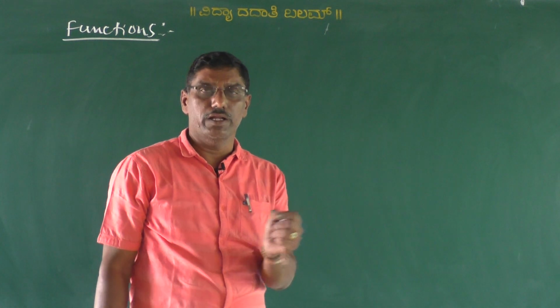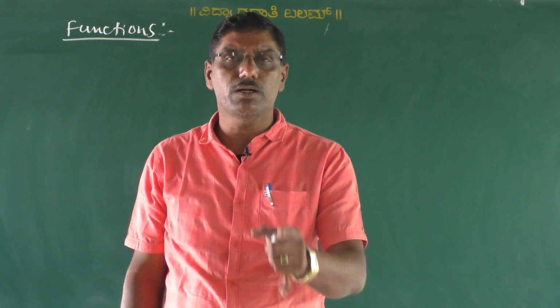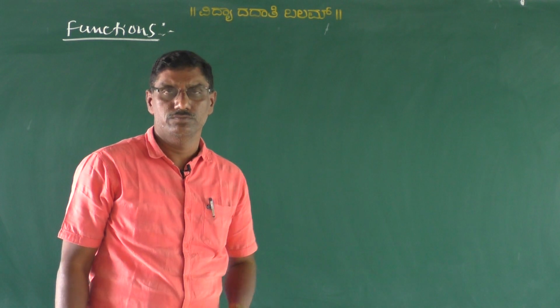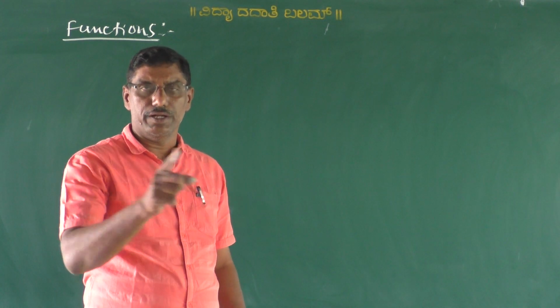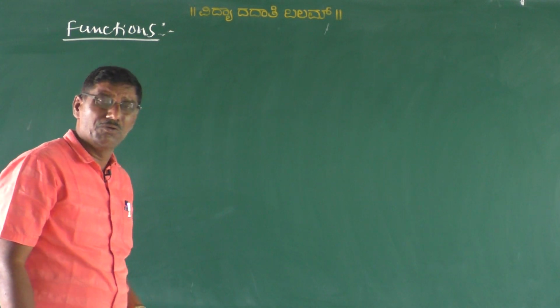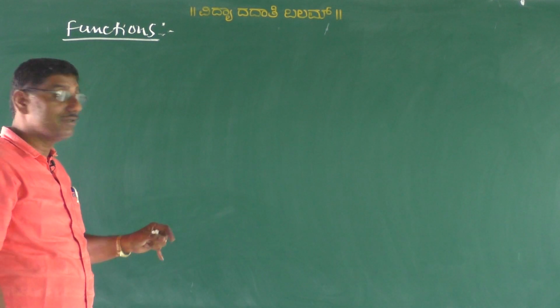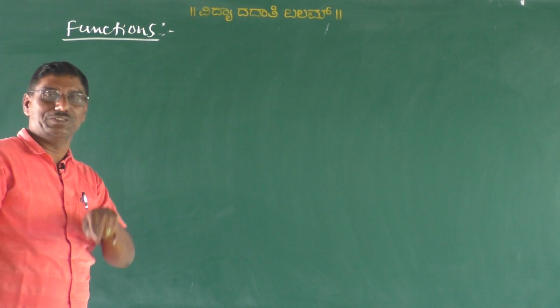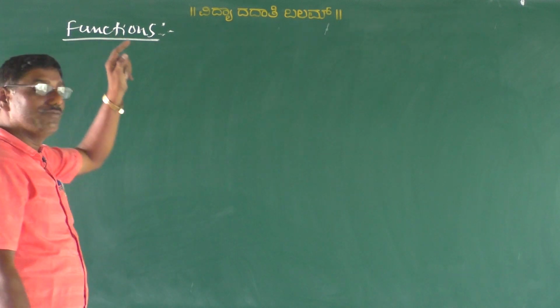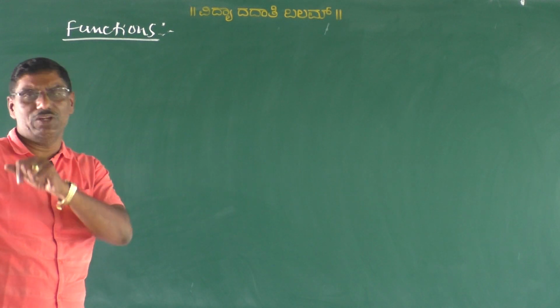We know a relation is a subset of the Cartesian product of two sets A and B. Now we define another type of relation, what we call a function. This is a special type of relation.